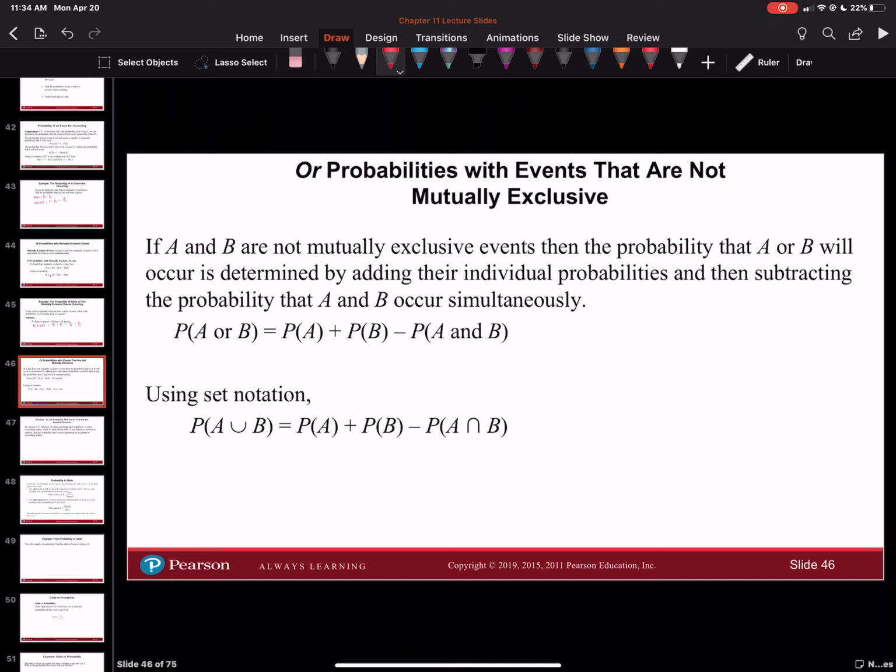So the probability of A or B is equal to the probability of A plus the probability of B minus the probability of A and B. In set notation, the probability of A union B is equal to the probability of A plus the probability of B minus the probability of A intersect B. Basically this is what they have in common.